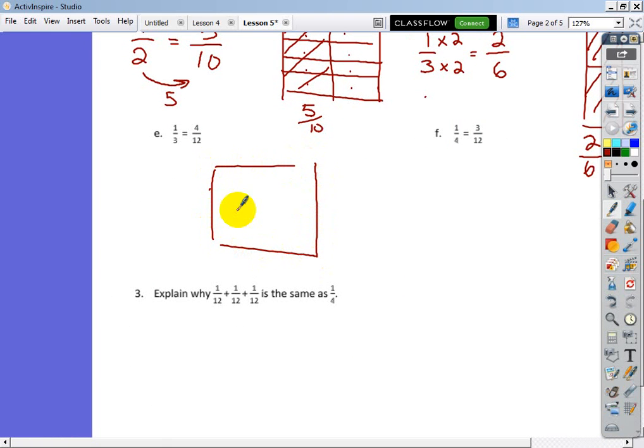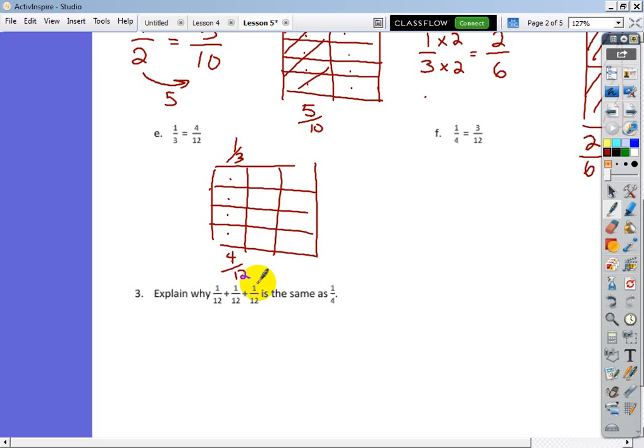1/3 equals, if I break it into 4 pieces, 1, 2, 3, 4, there's 4 out of 12. Same piece, right? Same size fraction. Do you feel good about that?